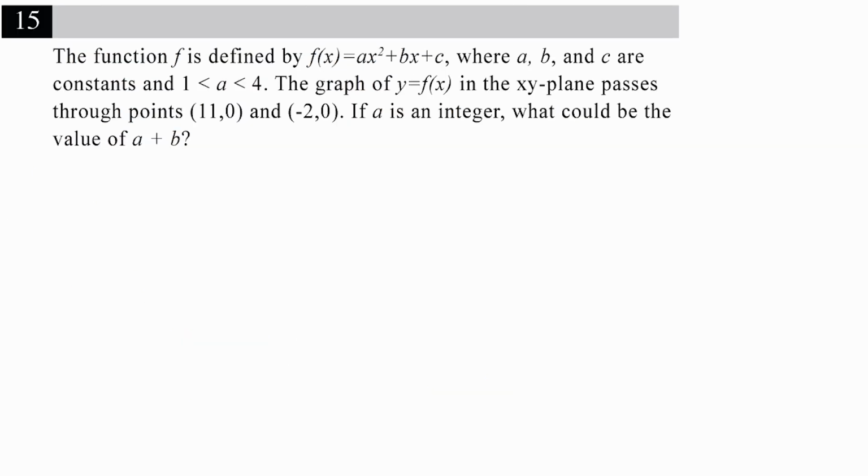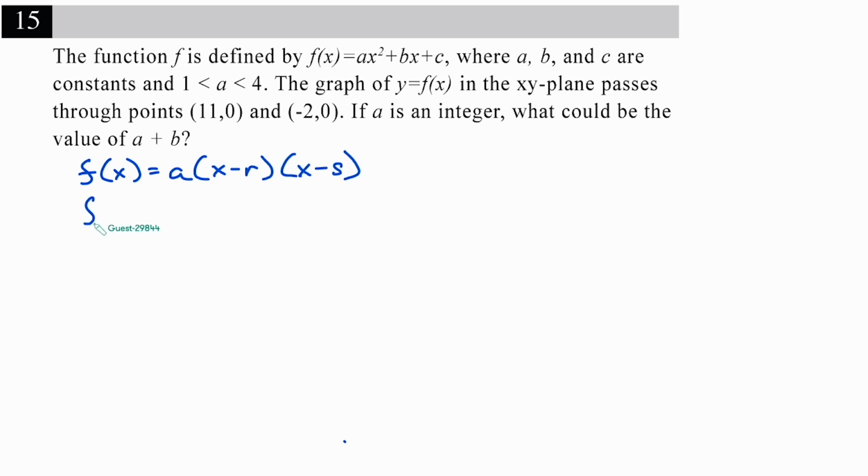The function f is defined by f(x) = ax² + bx + c, where a, b, and c are constants, and a is between 1 and 4. The graph of y = f(x) in the xy plane passes through the points (11, 0) and (-2, 0). If a is an integer, what could be the value of a + b? We'll start by writing the equation in factored form.